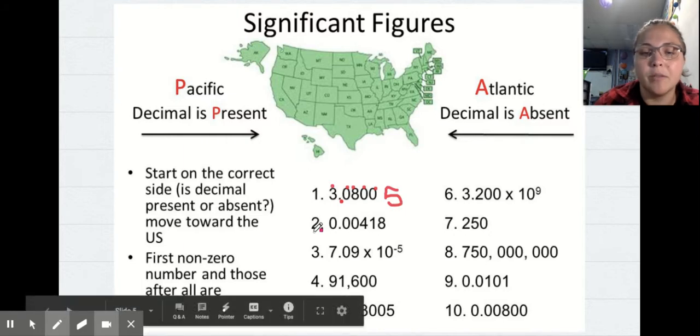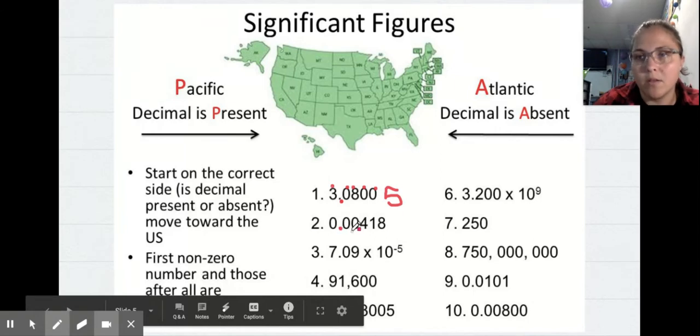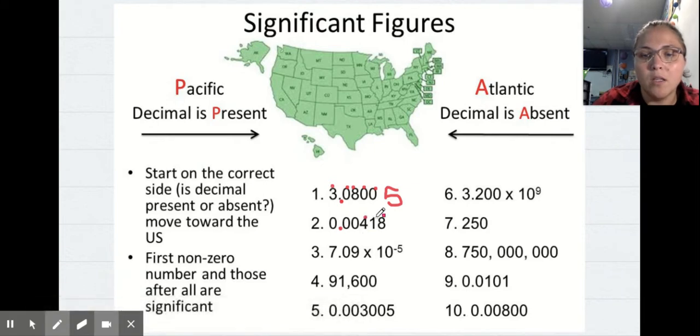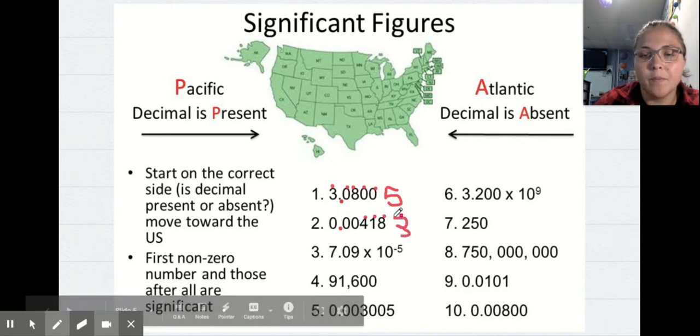On number 2, decimal is present again. So I'm going to start on the left and read it from left to right. Well, these first few digits are 0, so I'm not going to count those this time. I'm going to start at the first number that's not a 0, which is this 4. So I've got 1, 2, 3 significant figures on that one.